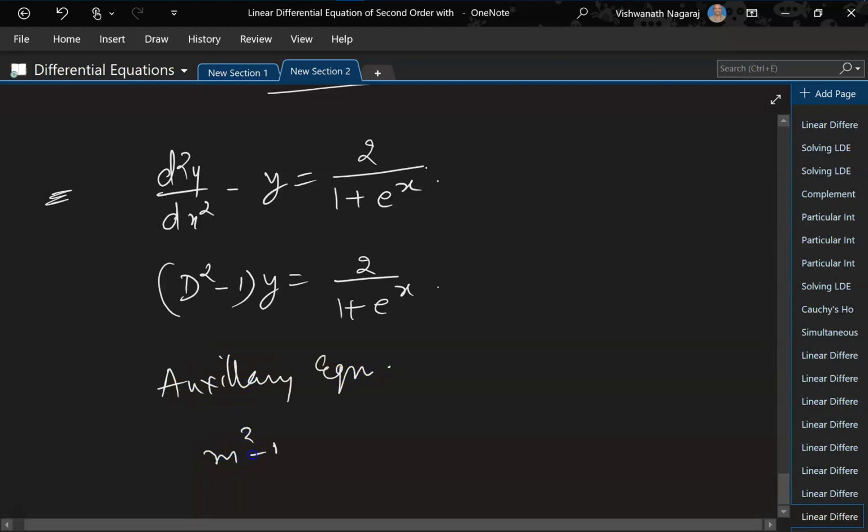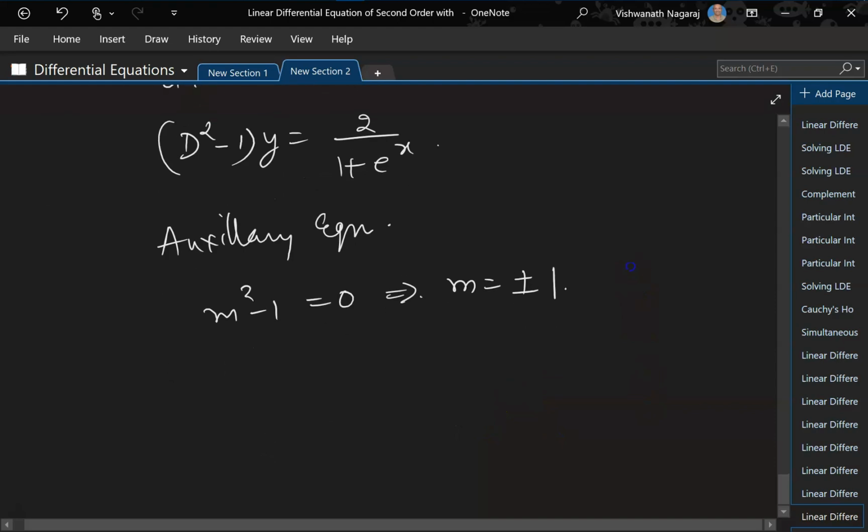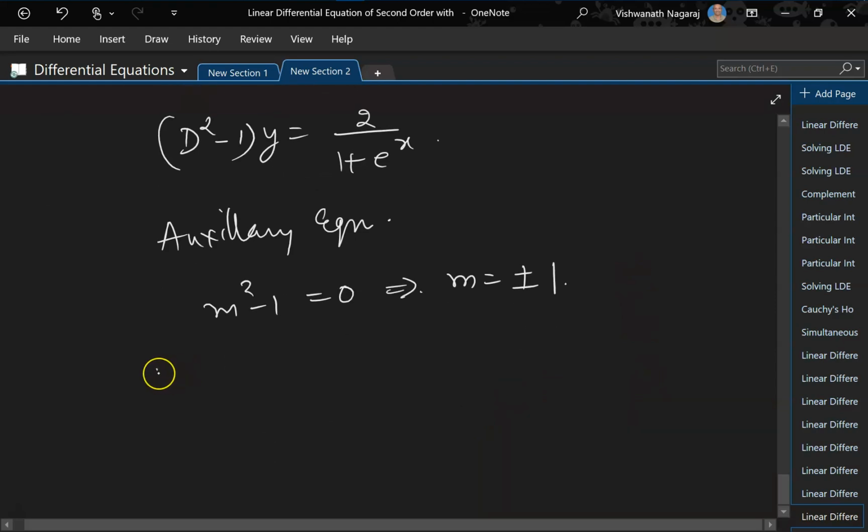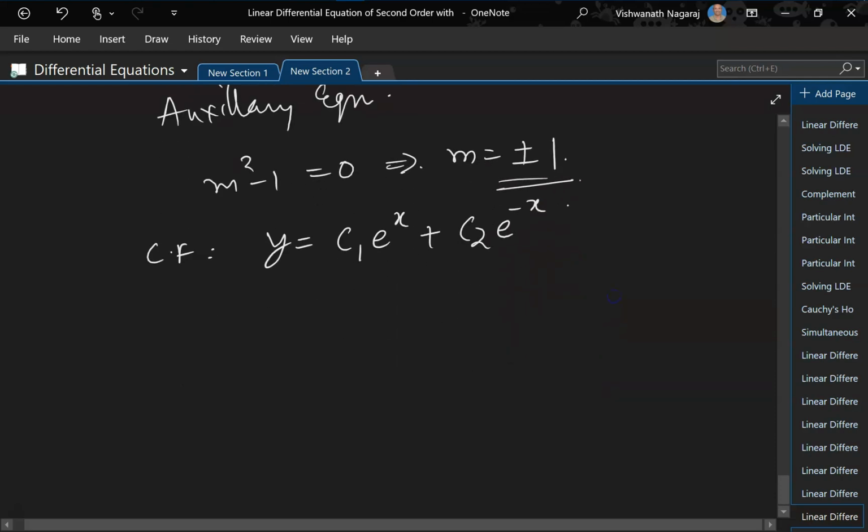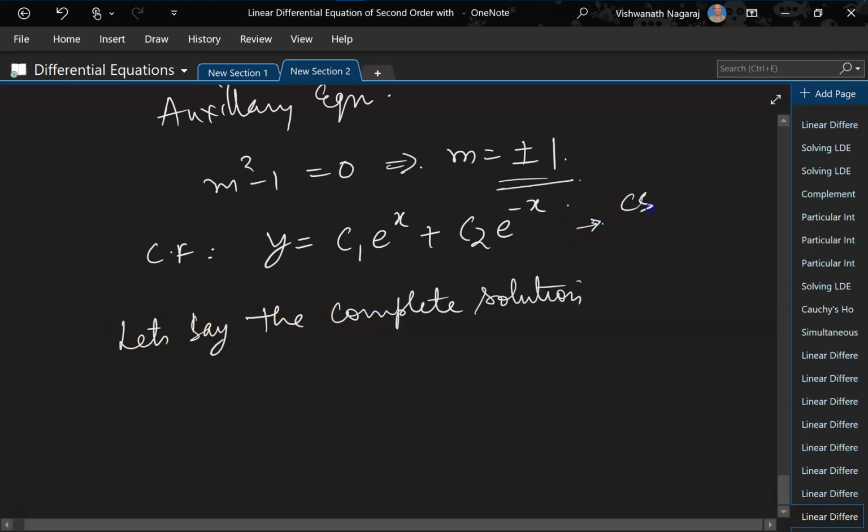That would be m square minus 1 equal to 0, which implies m is equal to plus or minus 1. So the complementary function is y equal to c1 e to the power of x plus c2 e to the power of minus x, purely based on this. This is the complete solution when r is equal to 0.